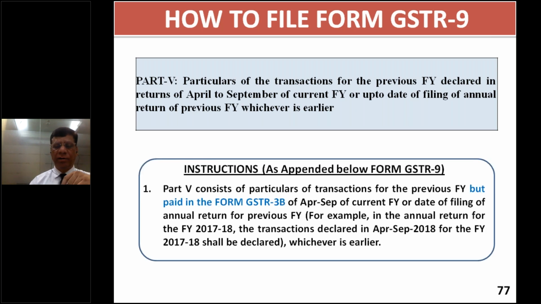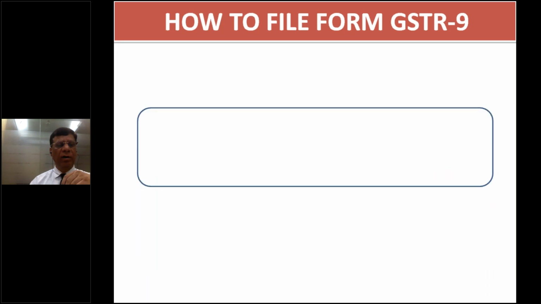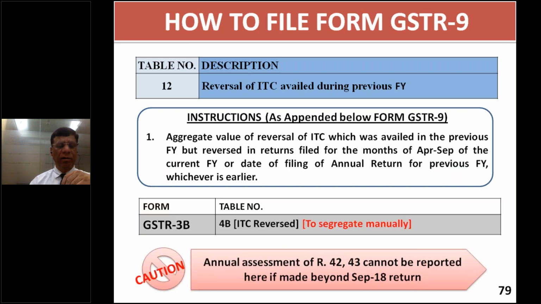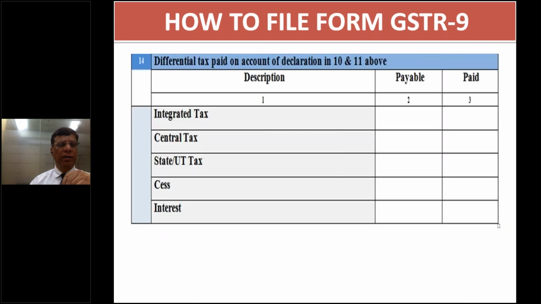So, for the sake of brevity, I am just skipping this Part 5, which is almost self-explanatory, how to fill up this particular table 10 and 11, 12, and then 13 table, and then 14 table, which creates your differential tax paid on account of declaration in 10 and above, means whatever adjustments you have carried into the subsequent year, how much differential tax is likely to be paid under various heads like IGST, CGST, etc.